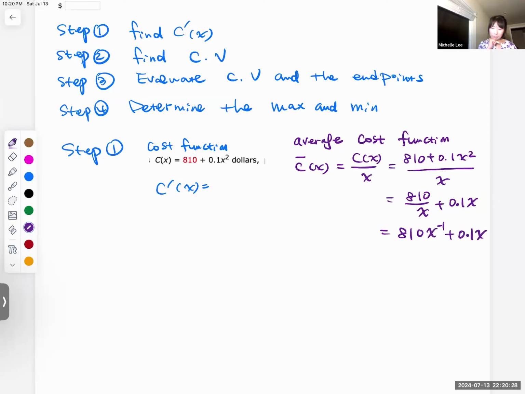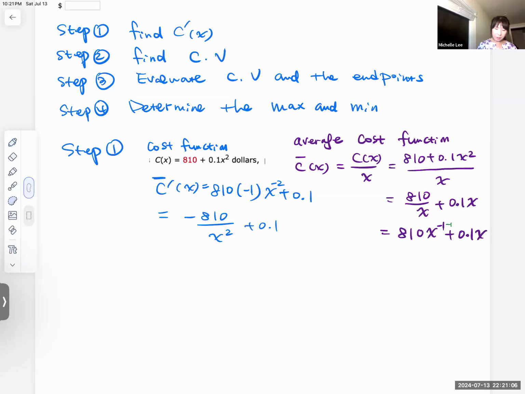Okay, derivative of the average cost function will be 810, drop the power, and x to the negative 1 minus 1, right? So it's negative 2. And the second term, just a coefficient. Okay, rewrite: negative 810 over x squared plus 0.1.